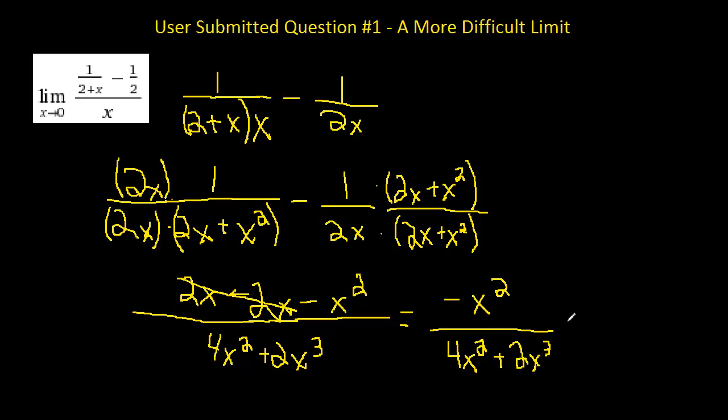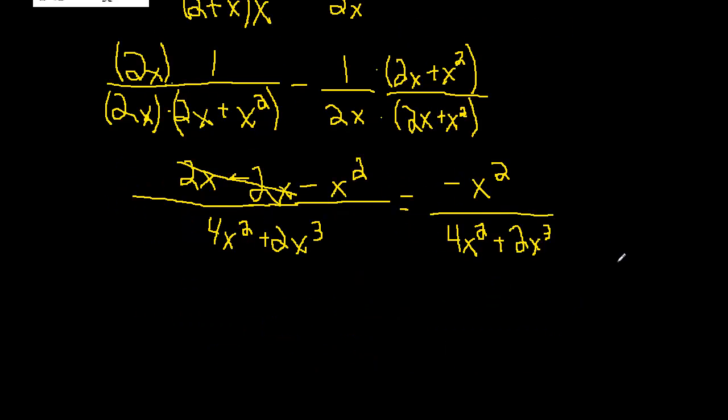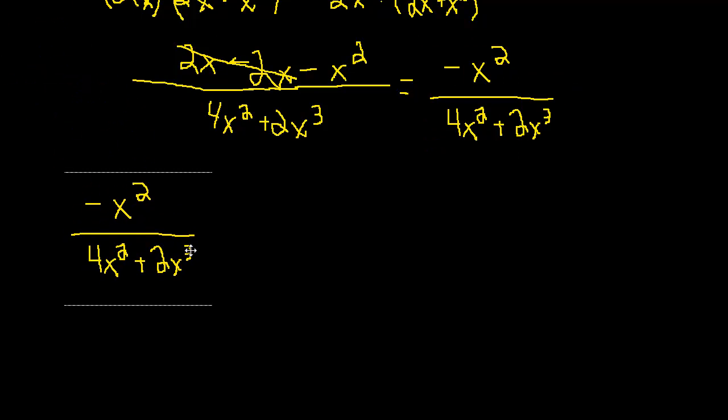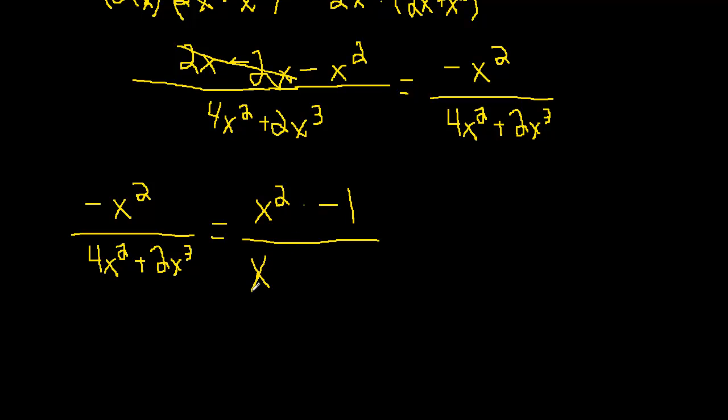So now what I notice is we can move down here and copy this so we can manipulate it. Now we can factor an x squared out, so this is equivalent to x squared times negative 1, over x squared times 4 plus 2x.